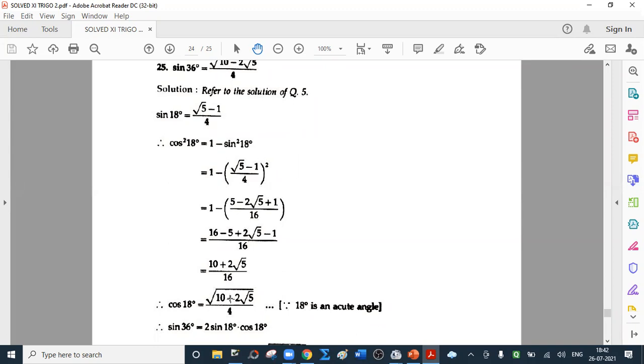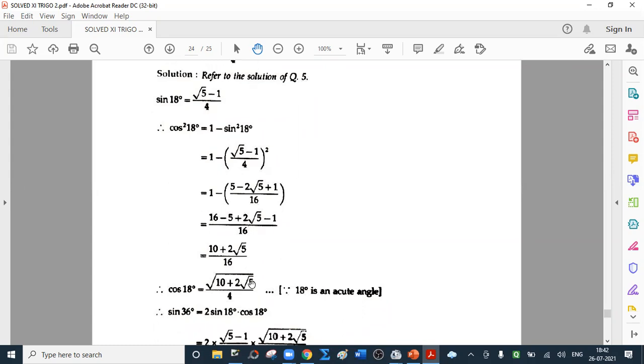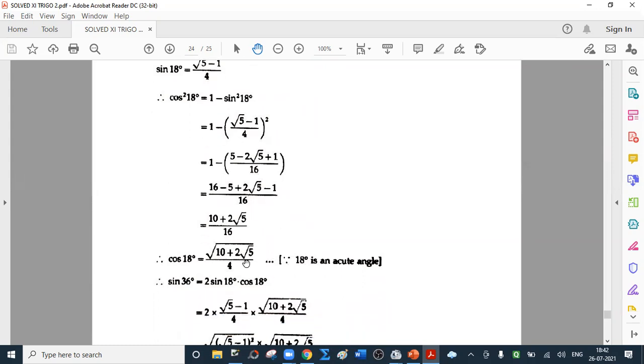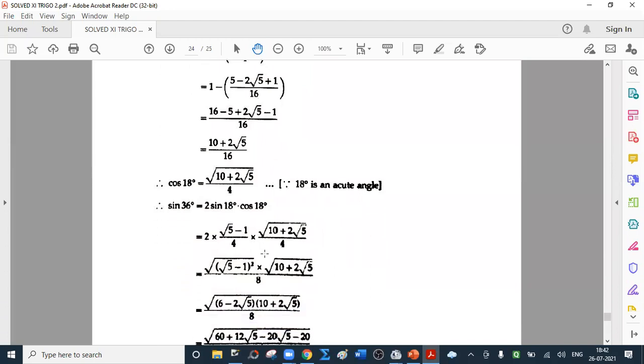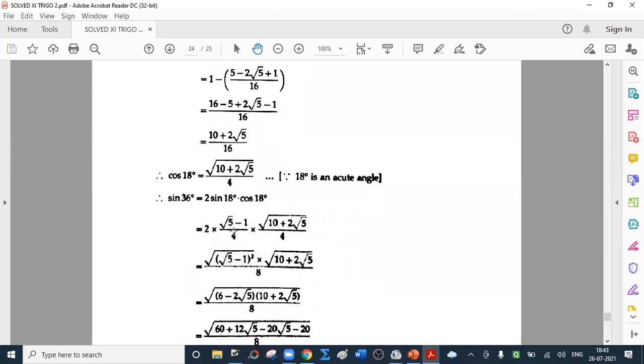Now what is asked? Sine 36 degree. Now sine 36 is what? 2 sine 18 cos 18. So substitute the values. Simplify. Open the bracket and so on. I hope you are getting this. Basically, root 5 minus 1 can be written as what? Again, root of root 5 minus 1 square.